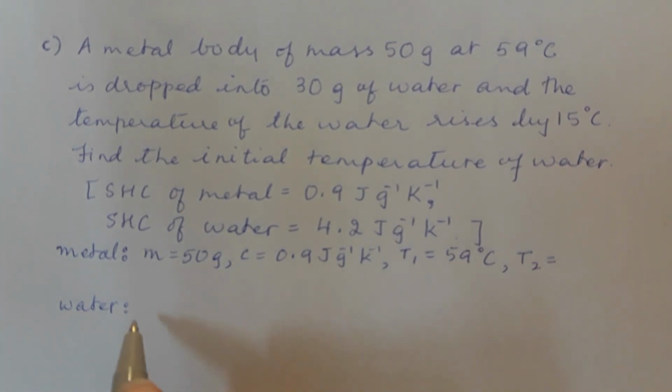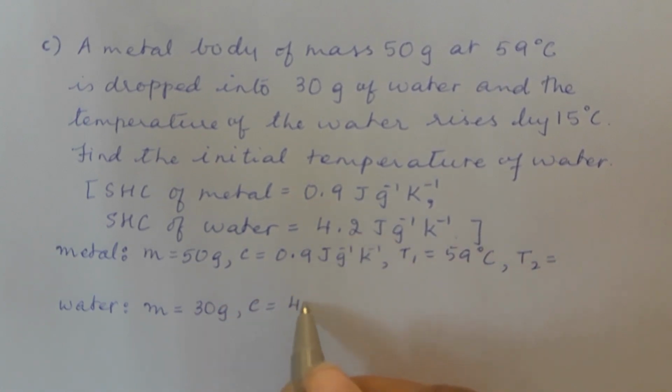Let's come to water. The mass of water is given to be 30 gram. Specific heat capacity is here, 4.2 joule per gram per Kelvin.